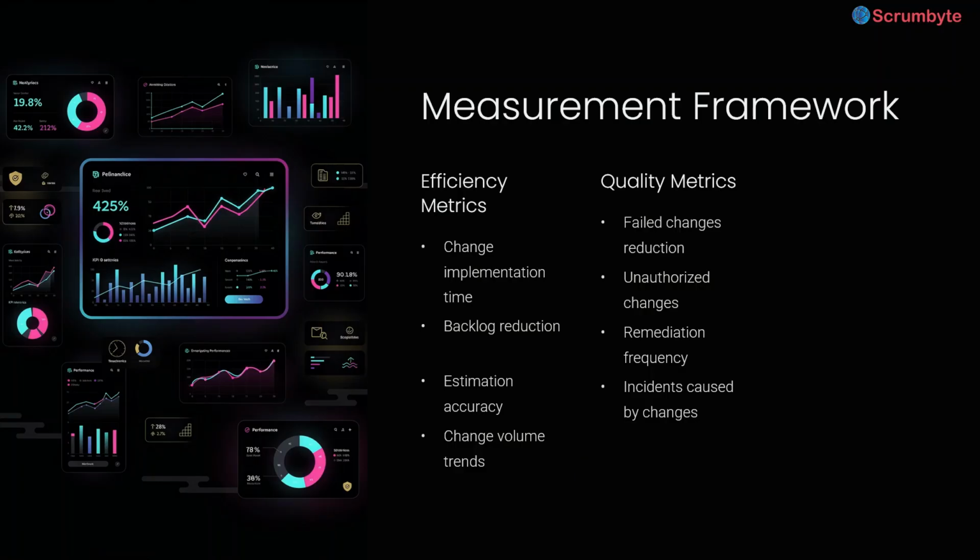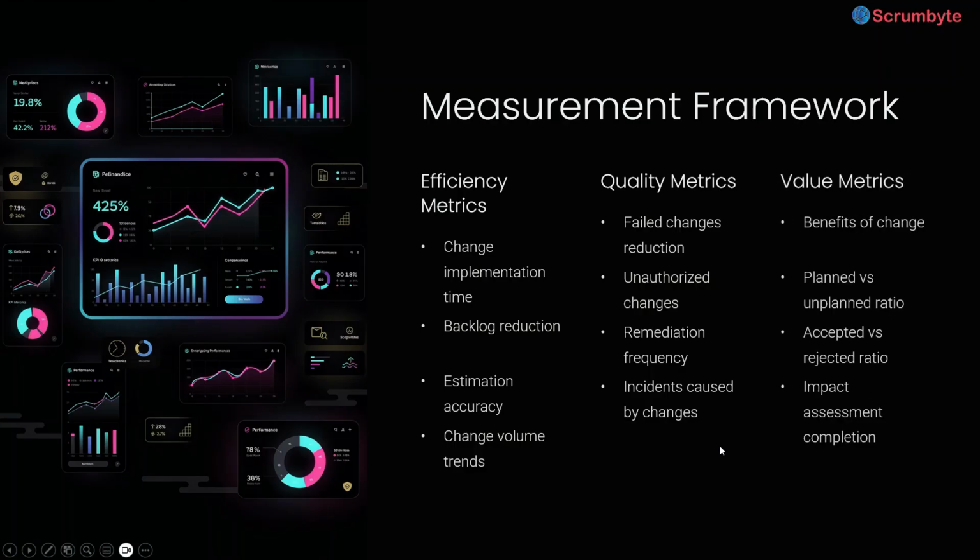What happens is sometimes you may not have the CAB available, and people take things into their own hands because of whatever pressures, and these are all unauthorized changes. And what is the remediation frequency, how is it happening? And if there are changes that are made, then how many new incidents are coming because of those changes? So these are all the quality metrics that you want to find out.